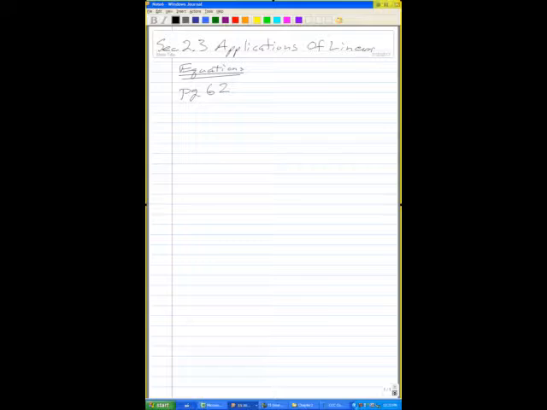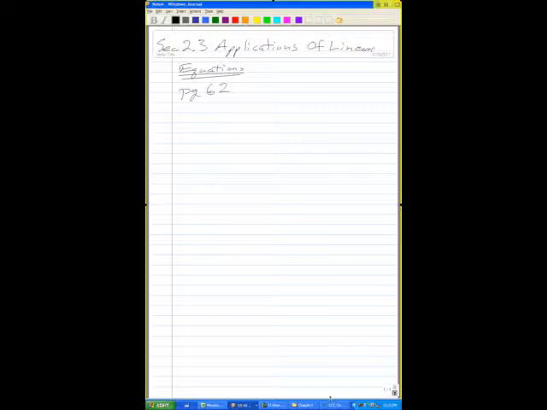So in this section, we have problems that are written down in English words, and we then have to somehow create an equation and solve it. So you should read what the words say.